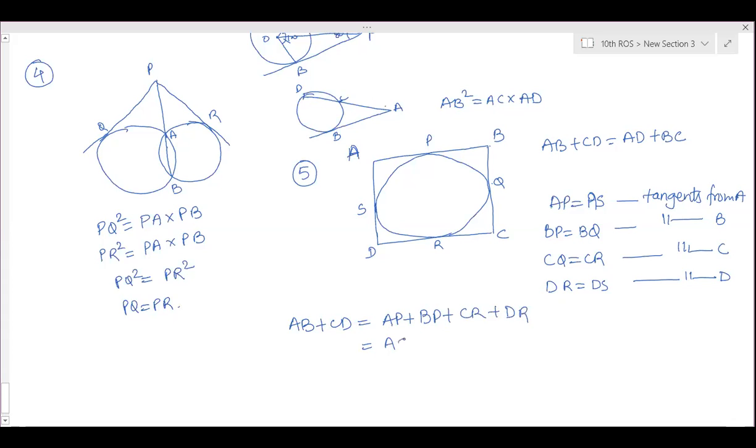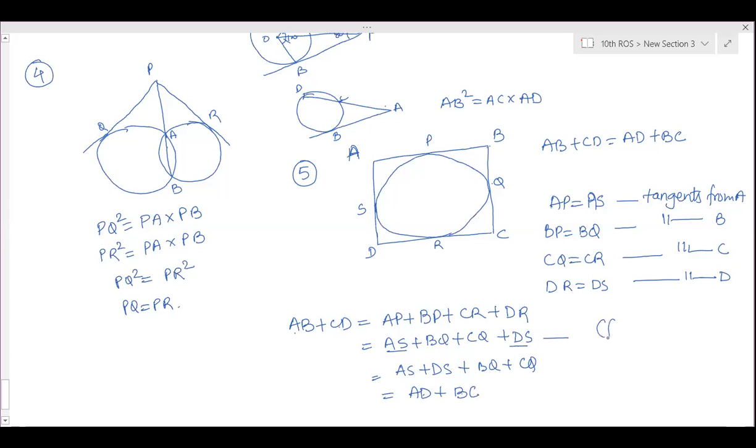AP is equal to AS, BP is equal to BQ, CR is equal to CQ, and DR is equal to DS. Now equate AS plus DS and BQ plus CQ. AS plus DS is AD and BQ plus CQ is BC. So AB plus CD is equal to AD plus BC.